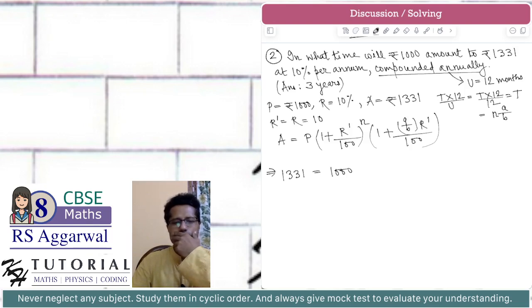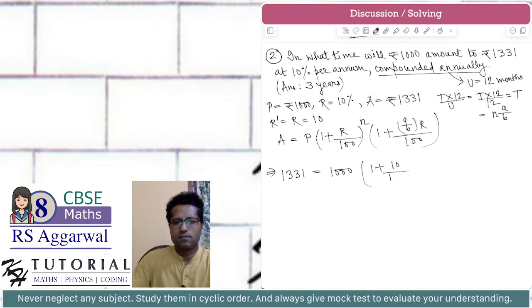And so we are having this, and R dash is equal to R. So let's write R over here, and R is given to be 10.